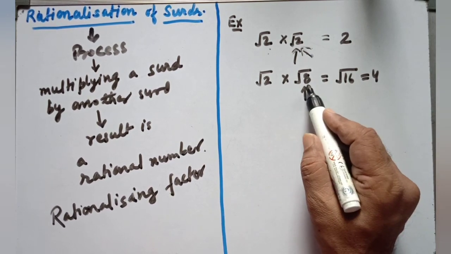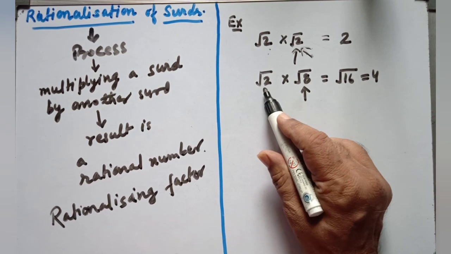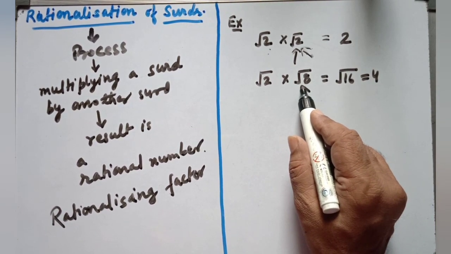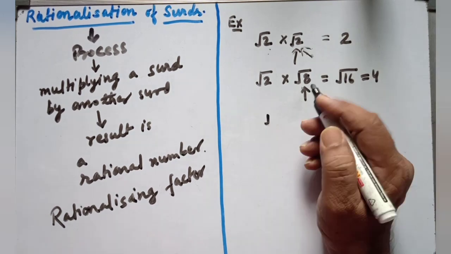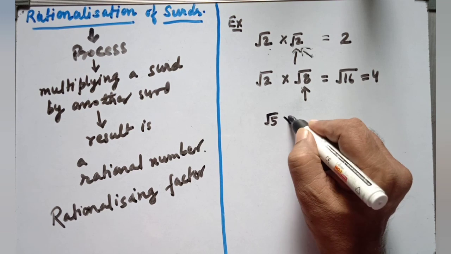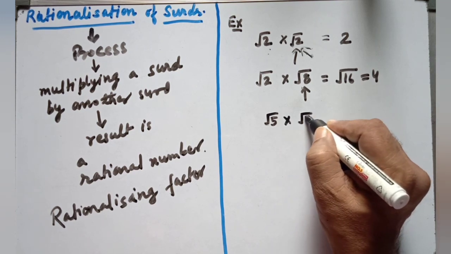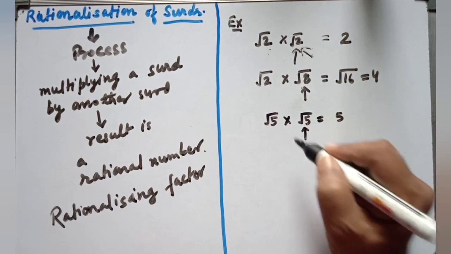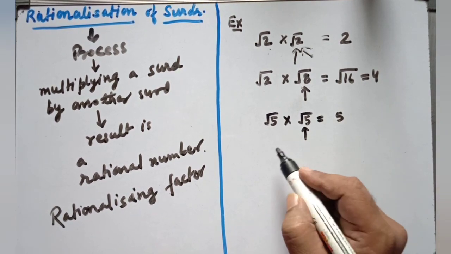Here root 8 is the rationalizing factor of root 2 and root 2 is the rationalizing factor of root 8. Okay, let us take one more example. Say root 5. If you multiply by root 5, the result is 5. So root 5 is the rationalizing factor of root 5.